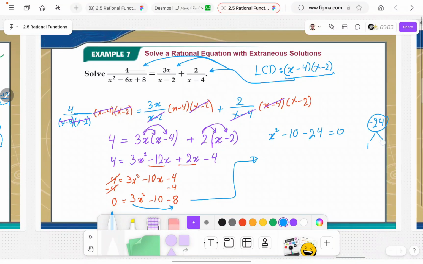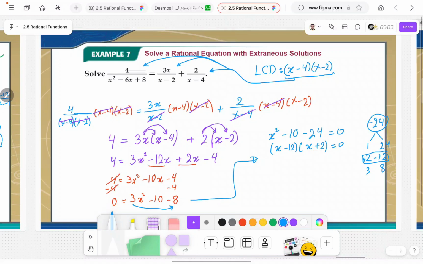I have 1 and 24, 2 and 12, and 3 and 8. I think I don't need to find more because it's 12 and 2, and it should be negative 12 and positive 2. So now x minus 12 and x plus 2 equals 0.